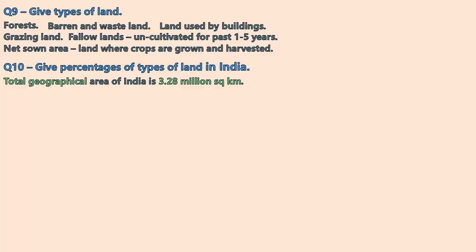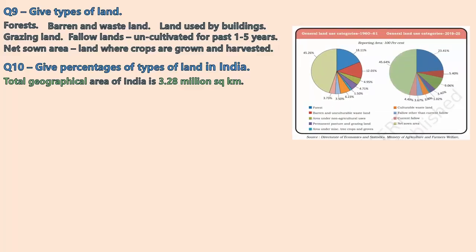All that area you have studied. If you take India and take the area of the Indian land, it is 3.28 million square kilometers. If you look at the chart, the numbers of 2019 to 2020, you can see that around 45% is used for agricultural uses, area under agricultural uses.